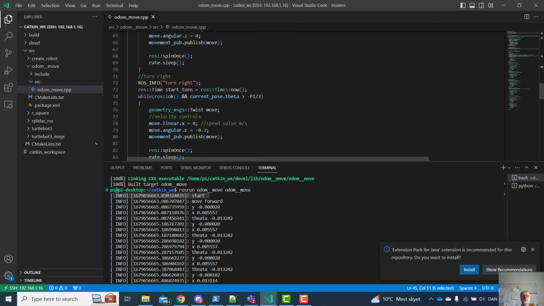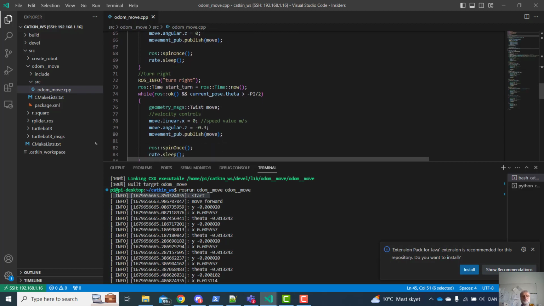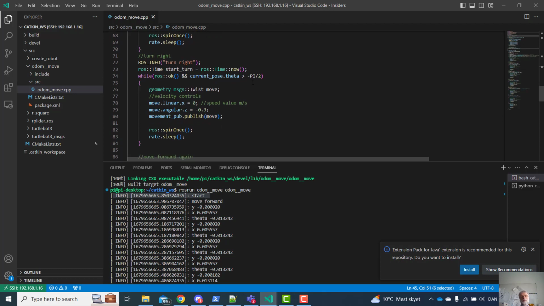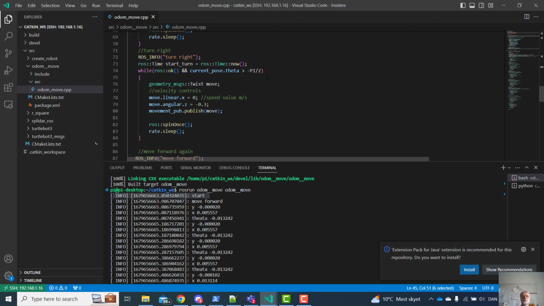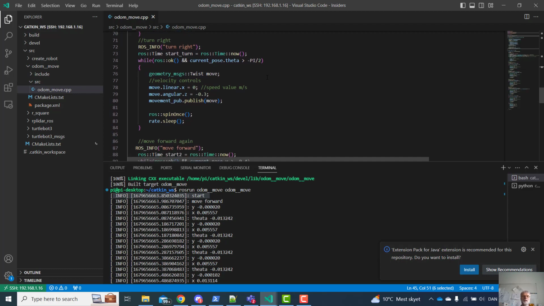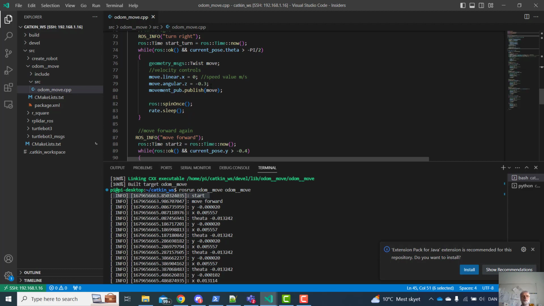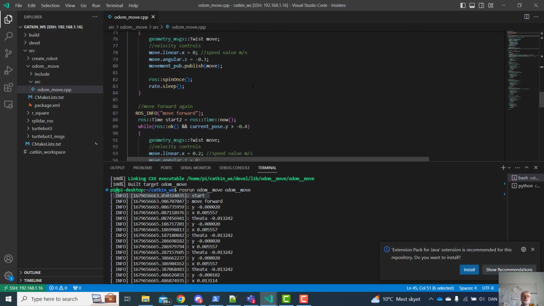Then we turn right, and here you can see the theta, the angle calculated in the callback function, and it turns clockwise, and that is then becoming negative. The angle is starting at 0, and if we count clockwise, then it becomes negative. So minus 90 degrees, it has to move, and it has to move at that speed.